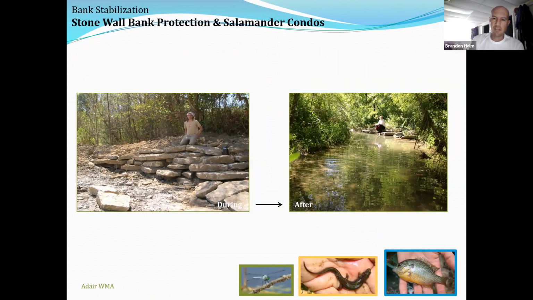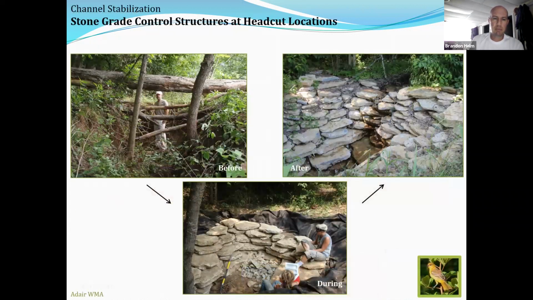This is a Dare Wildlife Management Area in Boone County, another public place. That's pretty nice. We created habitat for wildlife, created new stream meanders through there, repaired head cuts. That's where a channel has severe erosion that travels linearly up the stream channel.